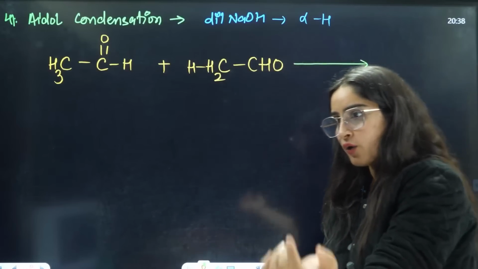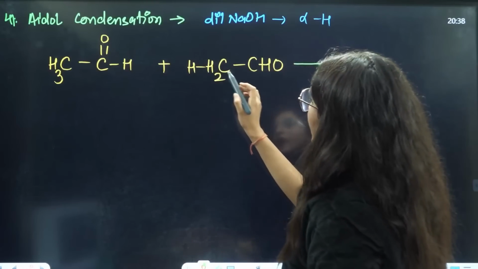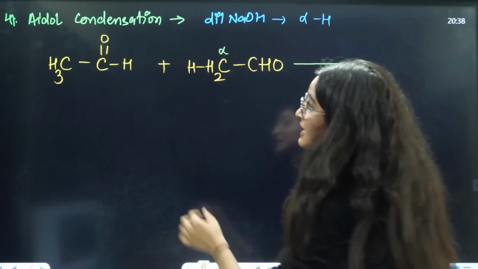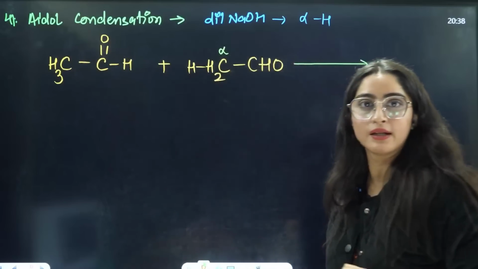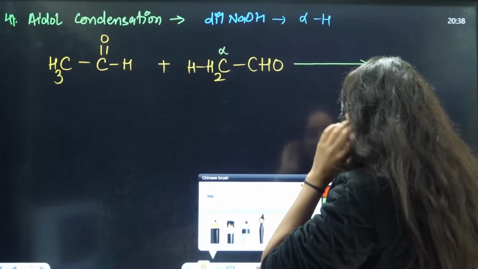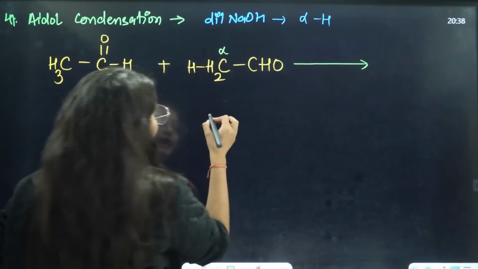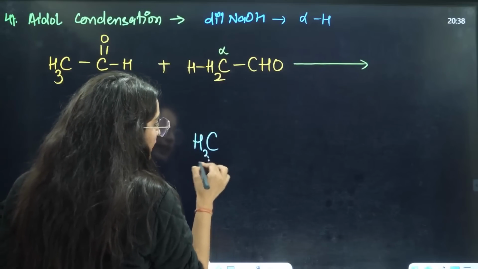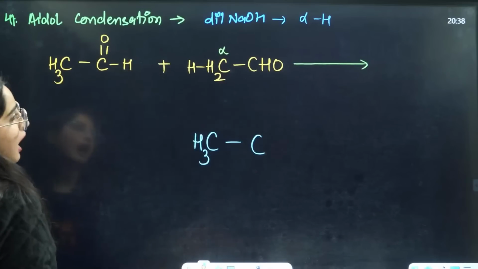Now, here this is the alpha carbon, this is the alpha hydrogen, this is the carbonyl carbon, right? Now understand one thing, in the answer, write CH3 as it is, write CH3 as it is, then write this carbon.